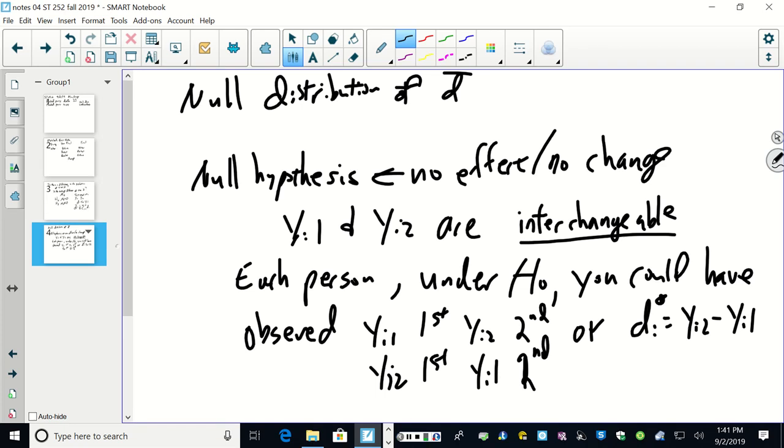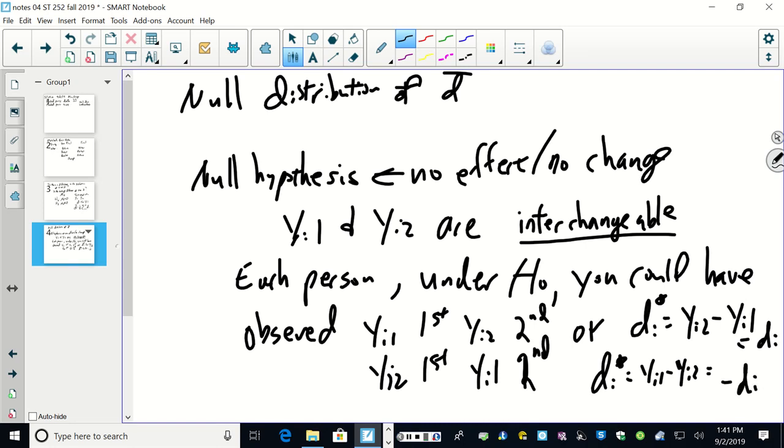On the other hand, if the other recording had happened just by random chance, then we would have seen yi1 minus yi2, which would have been the reverse of that, because we were taking the second one minus the first one. And if this one is called di up here, this is the negative of that.